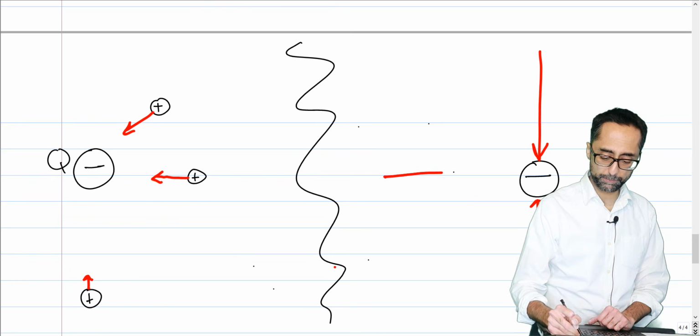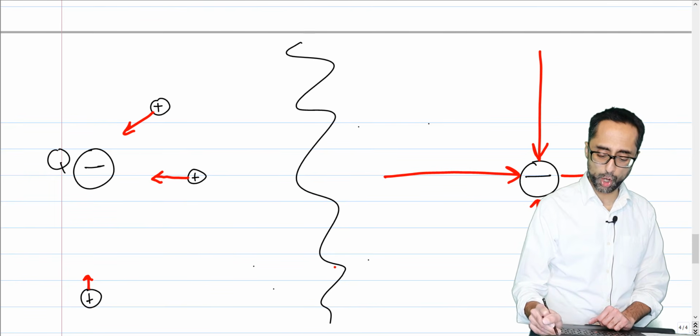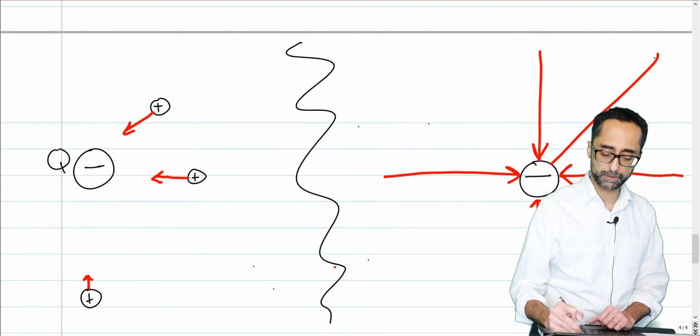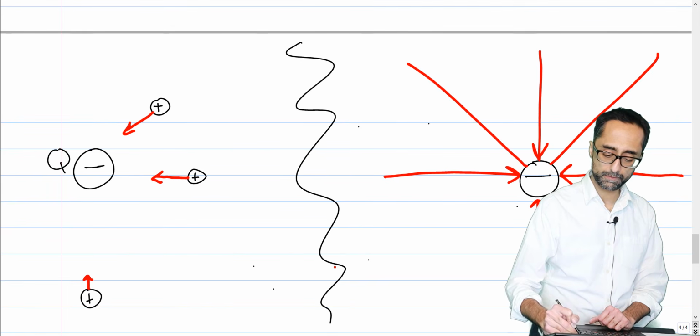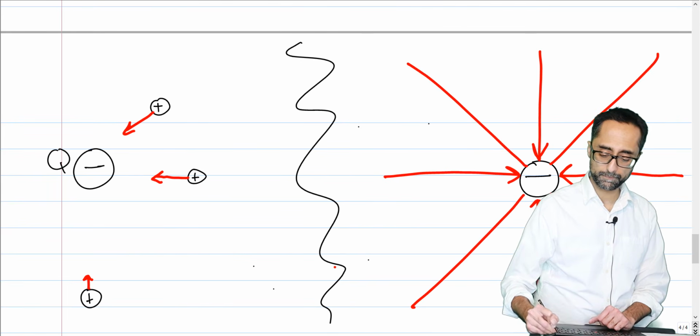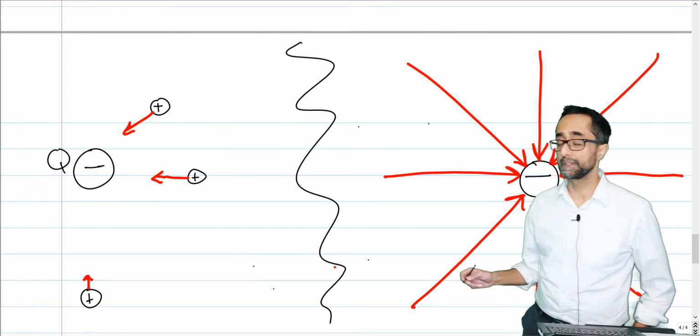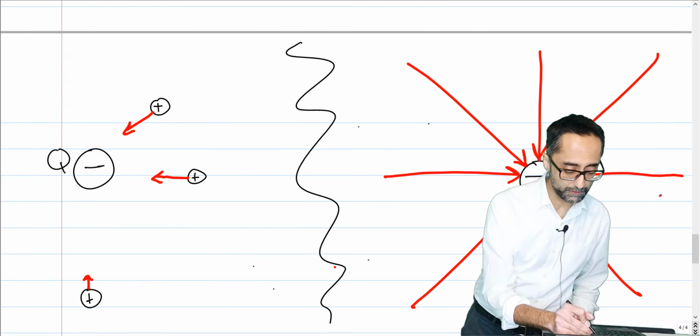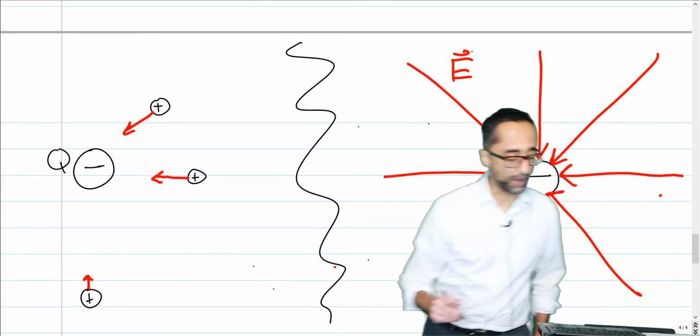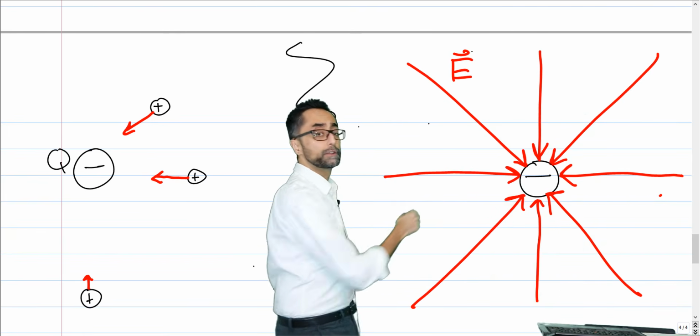This again is representing the electric field lines in all space when nothing else is around. And there we go. That is the electric field surrounding a negative charge.